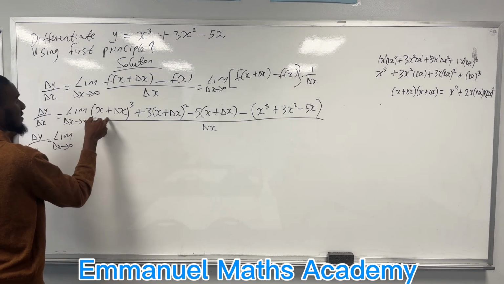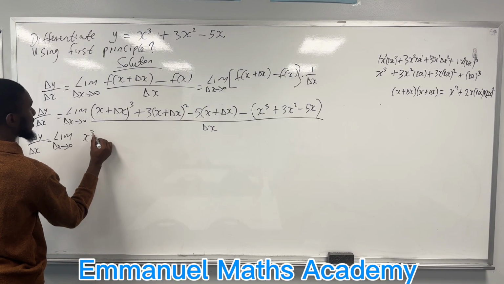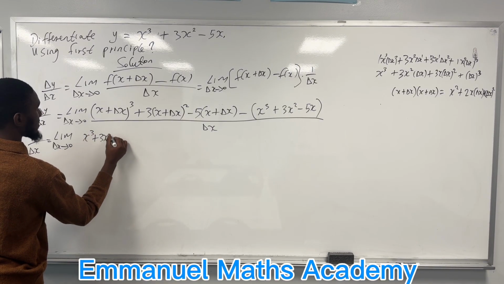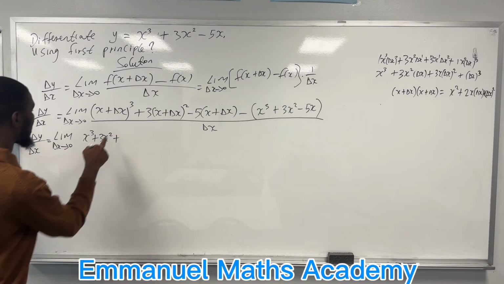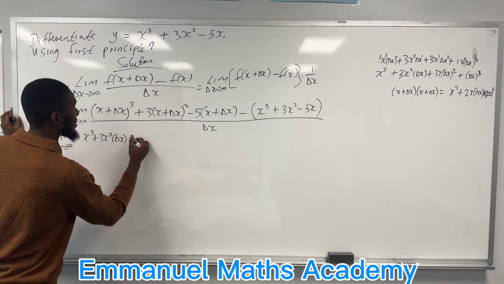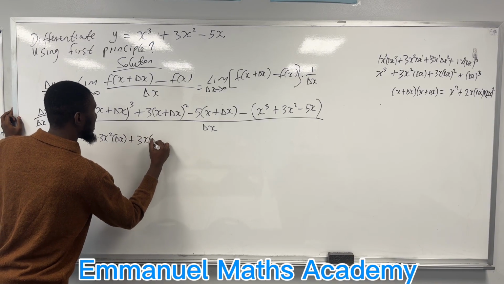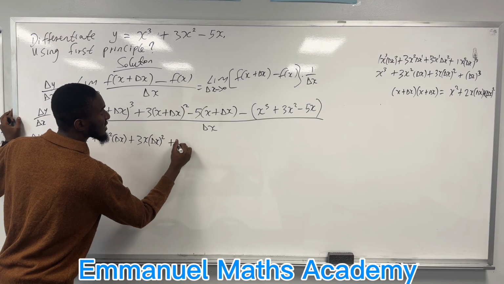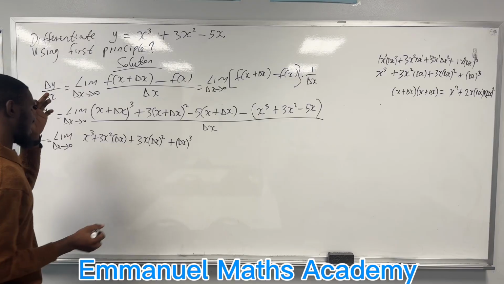So this first one, everything here is equal to x cubed plus 3x squared delta x plus 3x delta x squared plus delta x cubed, right?